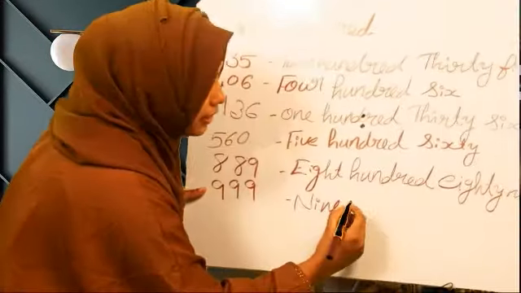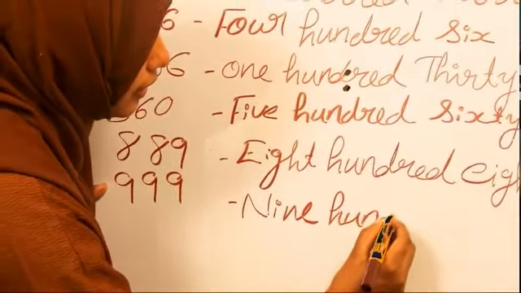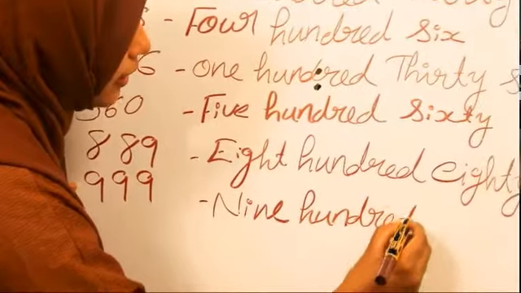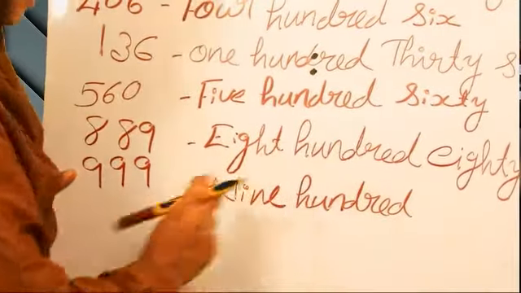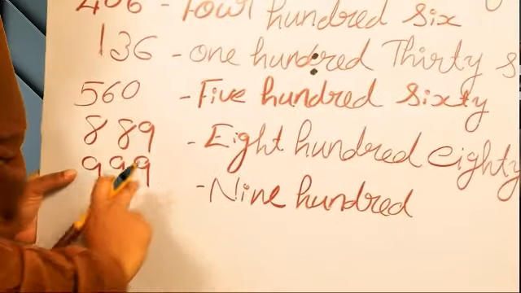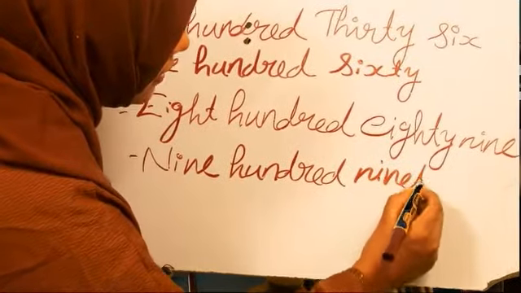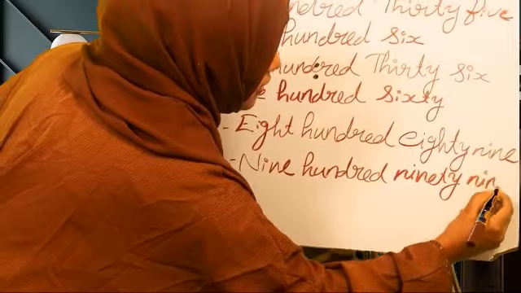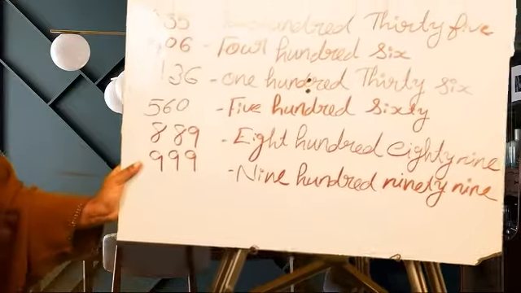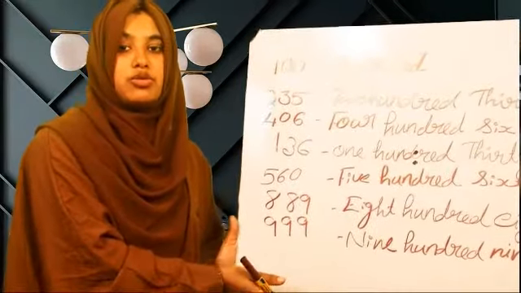Then 100: H-U-N-D-R-E-D, 900. Then 99, which we already studied in the last class. N-I-N-E-T-Y, 90, N-I-N-E, 9. This is how we write number names up to 1000.